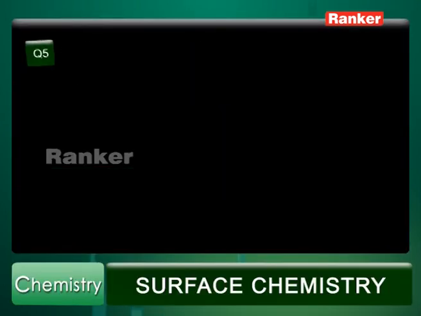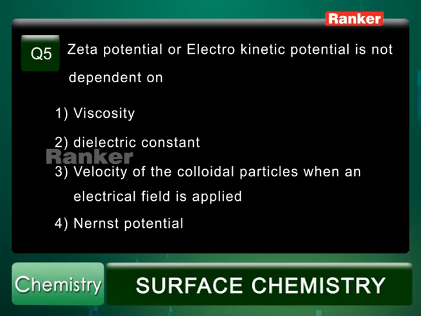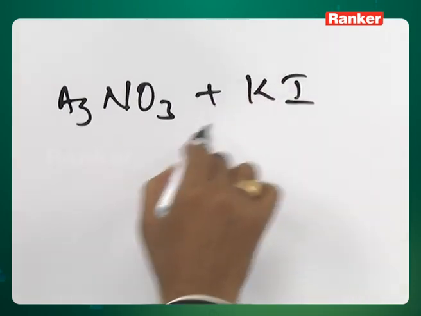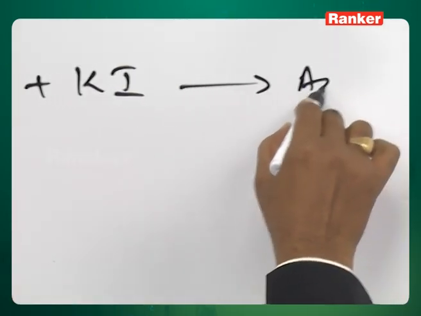Question number 5. Zeta potential or electrokinetic potential is not dependent on. It is the potential that is developed due to the electrical double layer. For example, if you have a solution of AgNO3 plus KI, you will get an AgI precipitate.